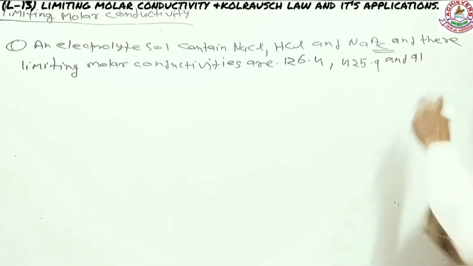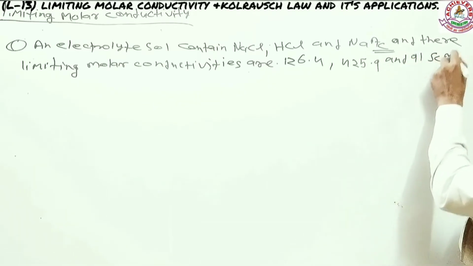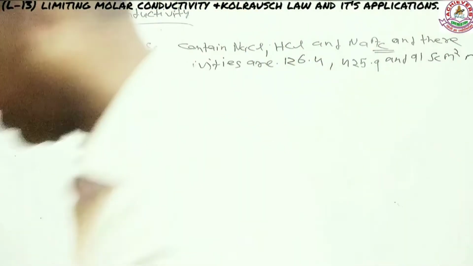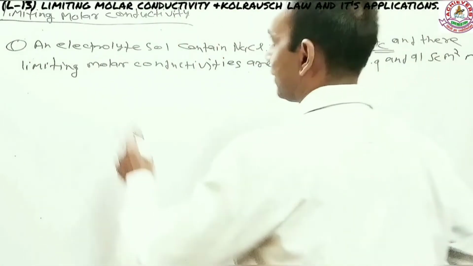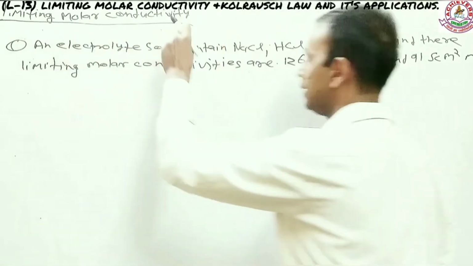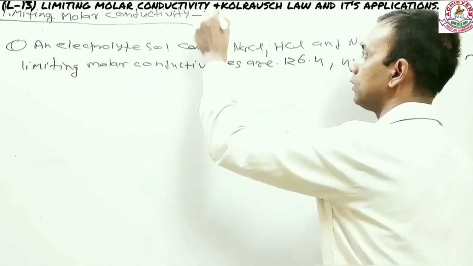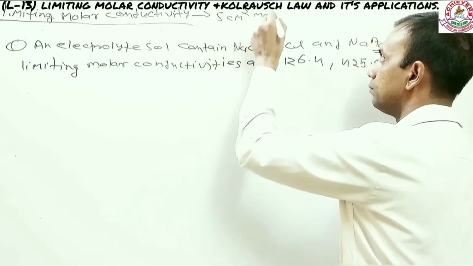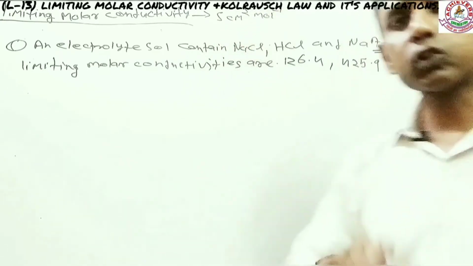And of course you do know the unit: Siemens centimeter square per mole. Something I didn't tell you earlier is that limiting molar conductivity also has the unit Siemens centimeter square per mole. Why? Because this is also molar conductivity.